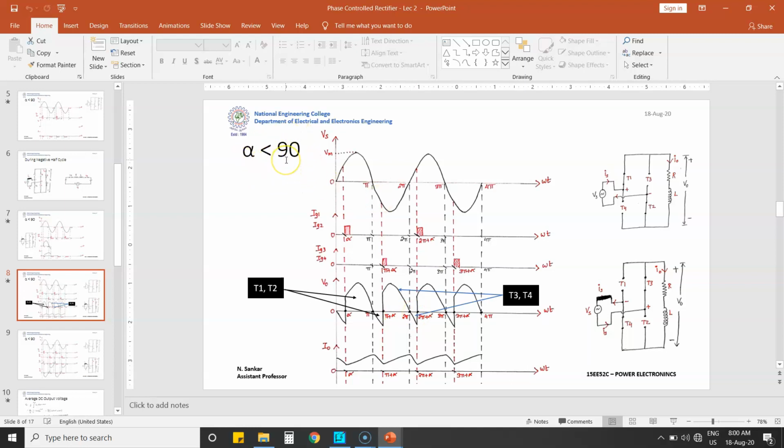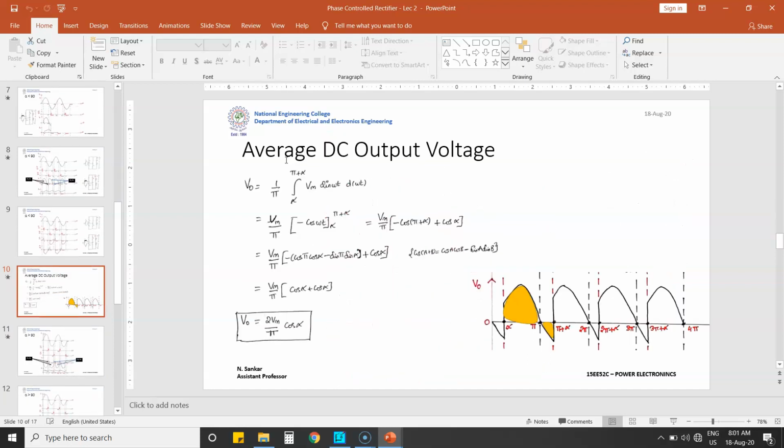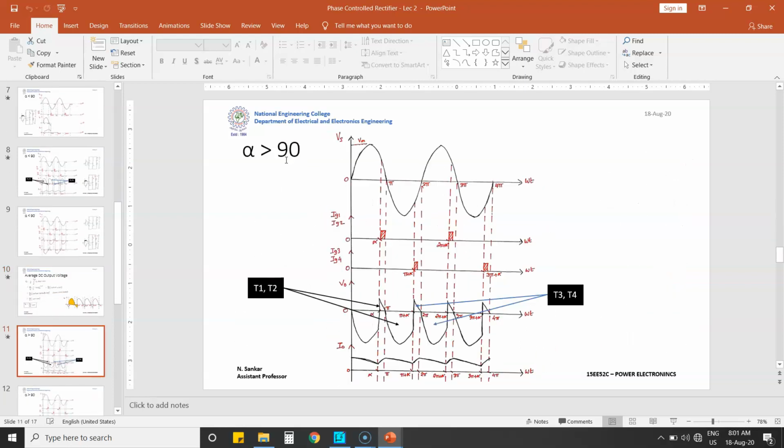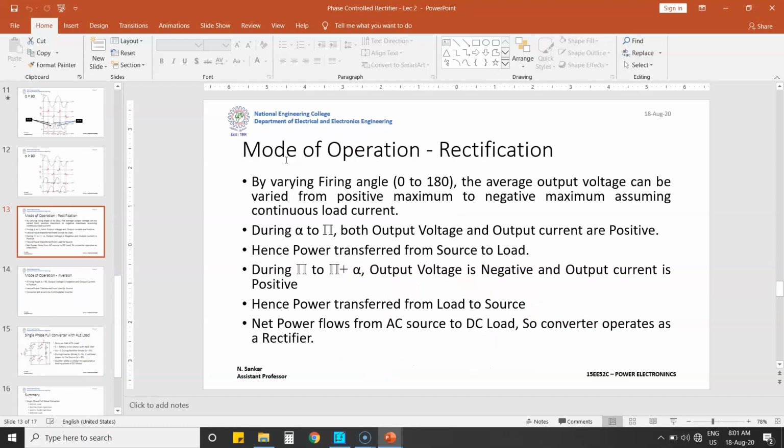Alpha can be less than 90 or greater than 90. We mention this because it is operated in two quadrants, the first quadrant and the fourth quadrant. For alpha less than 90 degree, it will act as a rectifier. So the mode of operation is rectification for alpha less than 90 degree, and in that time power is transferred from source to load.